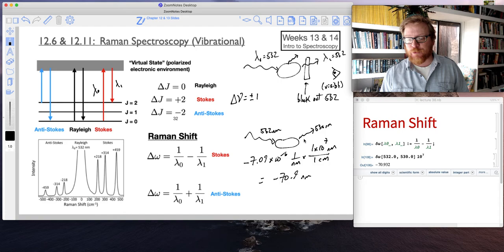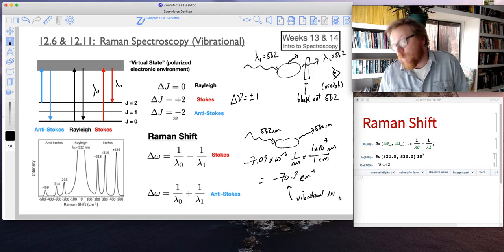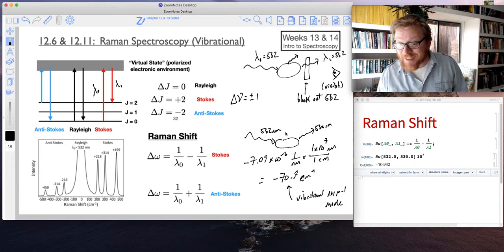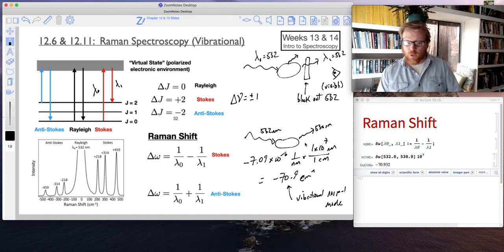So that means that if I detected that 2 nanometer difference, that's in wave numbers. That means there would have been some vibrational or rotational mode, but based on these numbers, 70 wave numbers, that's a vibration. So a vibrational normal mode is exactly what would have resulted in detecting that 2 nanometer shifted photon; there was some vibrational mode at 71-ish wave numbers, okay?